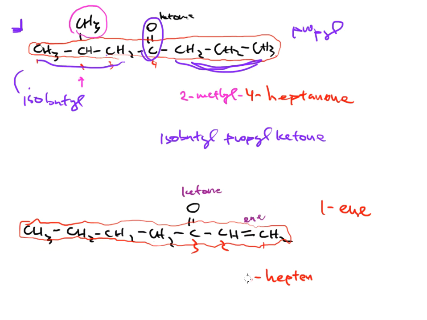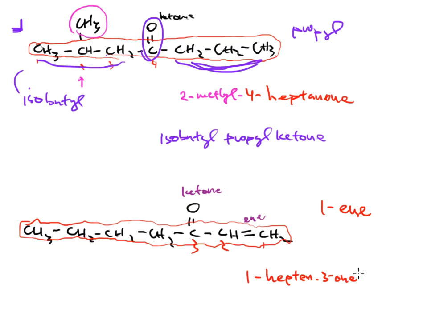Well, I need to get rid of the 3 because the 3 right now would go to the double bond. My double bond is not at number 3. My double bond is at number 1. So 1-heptene, I'm going to have to change the beginning of the name that way because this 3 position will have the "-one" ending for my ketone. So 1-hepten-3-one is the name of that molecule.